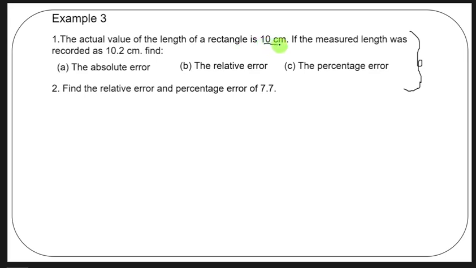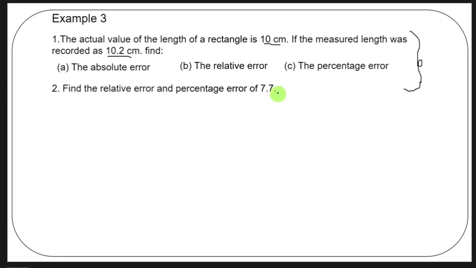By truth, it is supposed to be 10 centimeters, but in their measurement they get 10.2 centimeters. Then we can still find what we call the absolute error, as we showed. Absolute error is equal to measured value minus the actual value. So this question number 1 is dealing with when a person does the actual measurement.